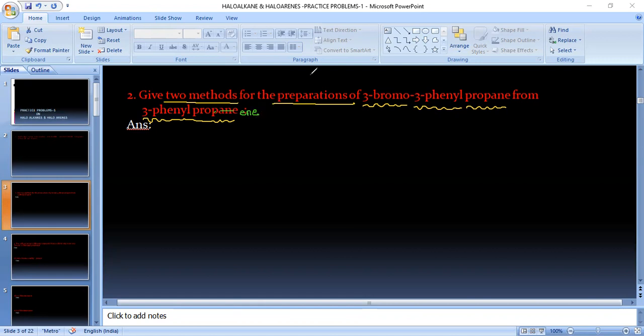So first we need to draw the structure of that one. 3-phenyl propene, this is the phenyl part. Okay, this is the benzene. Now it is the phenyl. In 3-phenyl propene, the phenyl group should be attached on the third carbon of the aliphatic chain. So simply we can write like this.